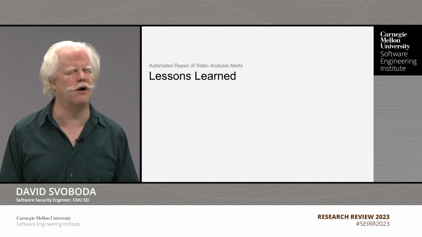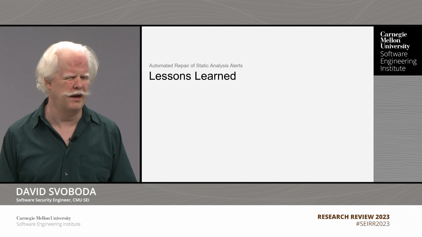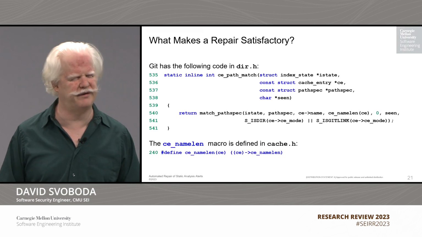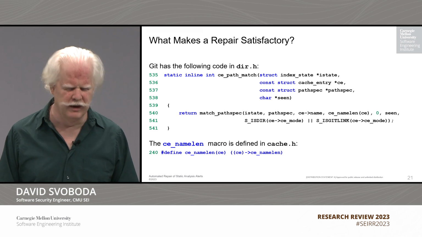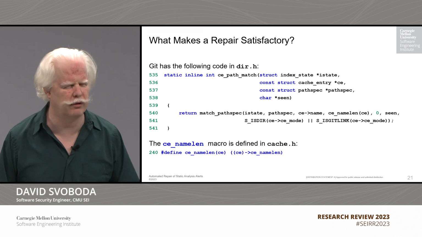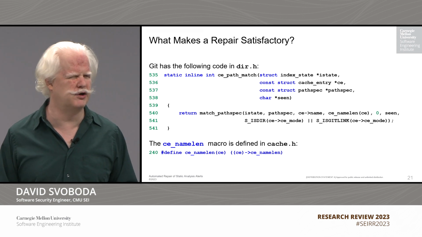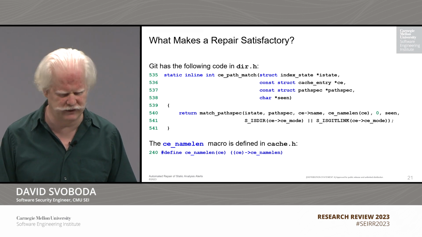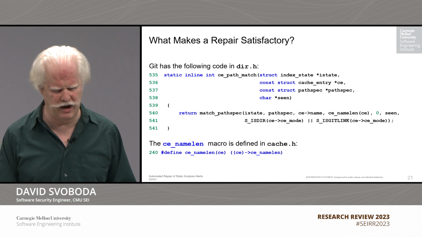So we are 1 year into the project. We have 1 year more, and we've learned a couple of things. For example, the definition of whether a repair is satisfactory is the important thing. We're striving to make 80% of alerts satisfactory, and what I'm going to show you now is example code from Git where this question of what is satisfactory came up.